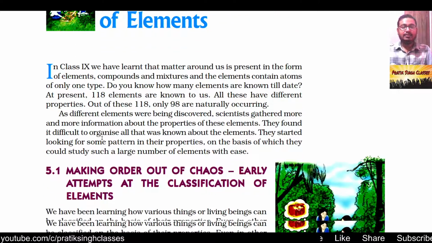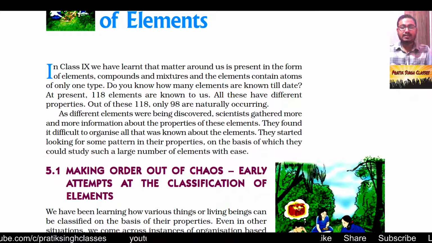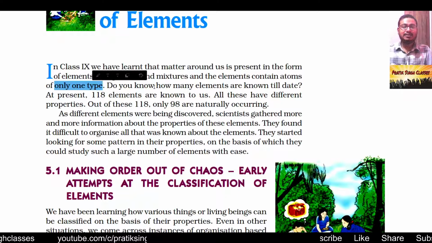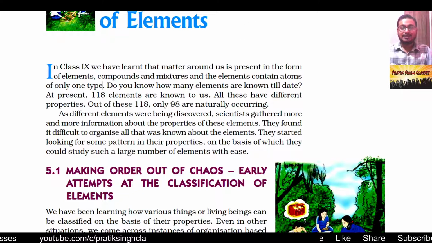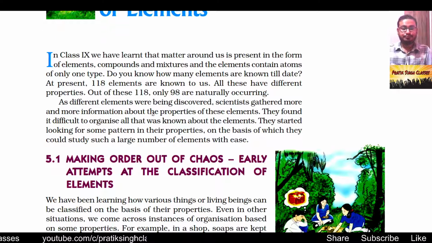In class 9th, we have learned that matter around us is present in the form of elements, compounds and mixtures, and the elements contain atoms of only one type. All the atoms in a single element are similar to each other, alike to each other.